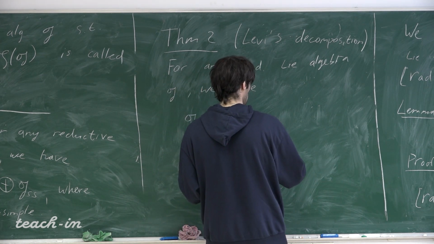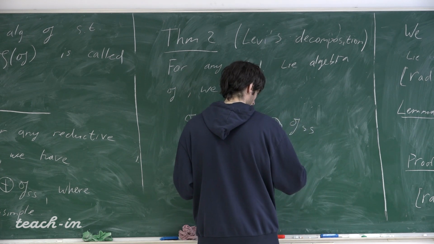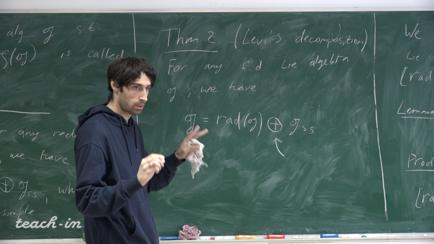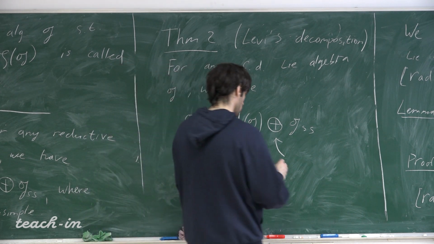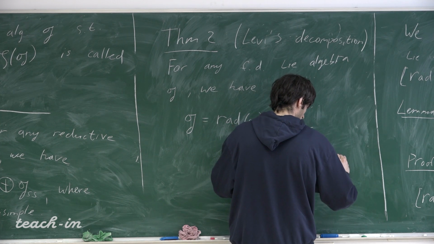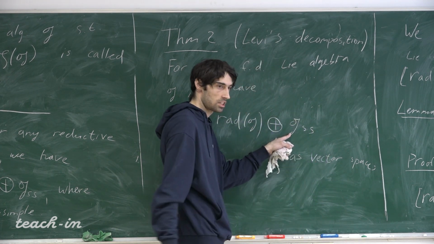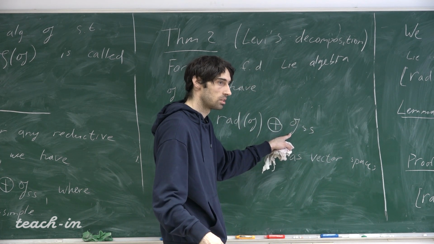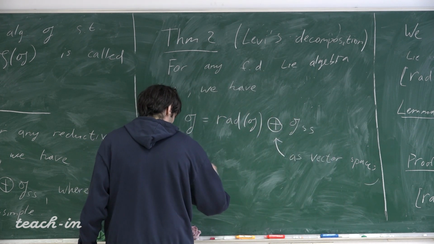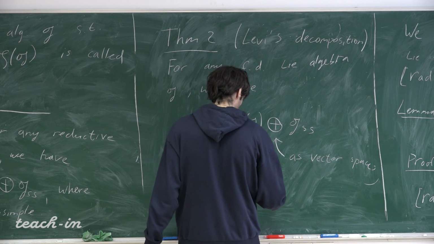So let me still use this sign, but this is not as Lie algebras, as vector spaces, right? Okay. So this sign here as vector spaces. But what is important is this. This is Lie subalgebra. So where GSS is a semi-simple Lie subalgebra.